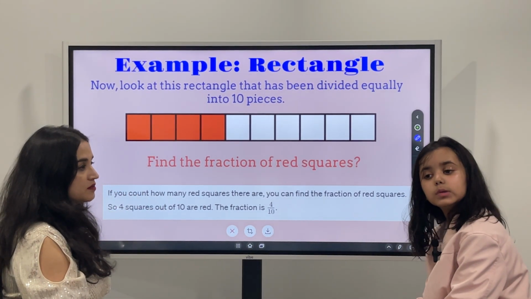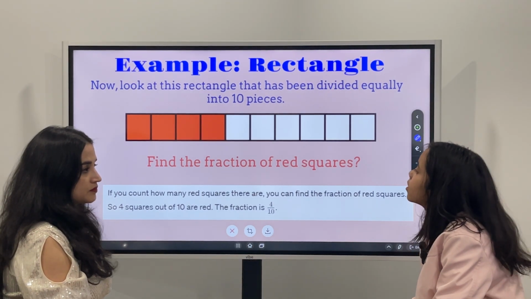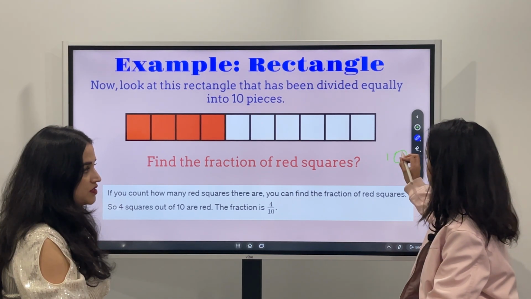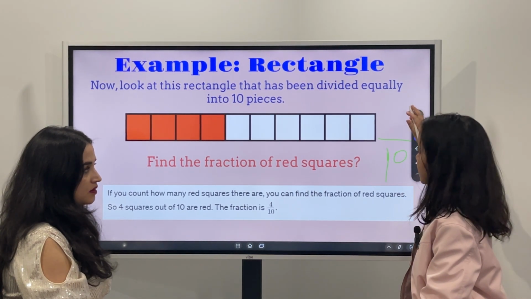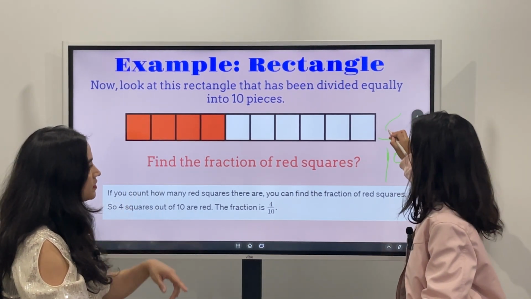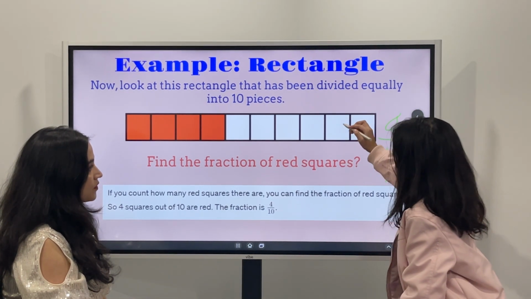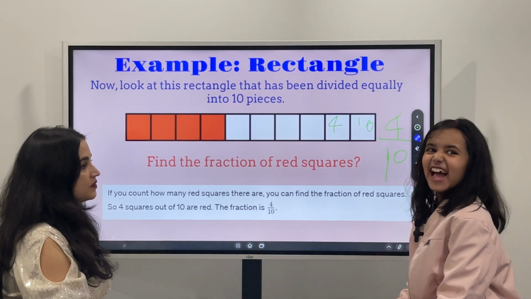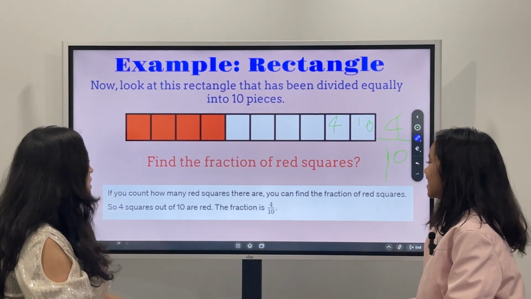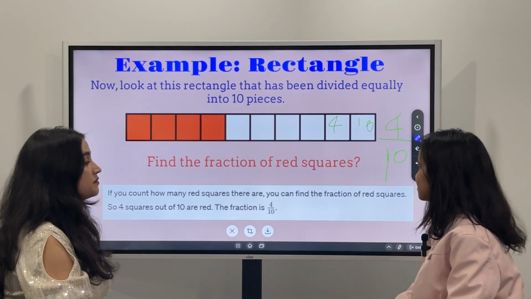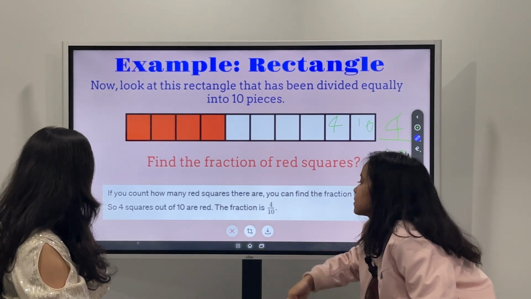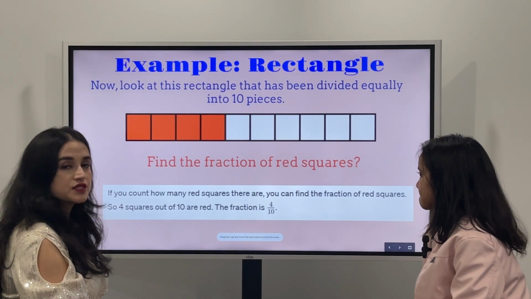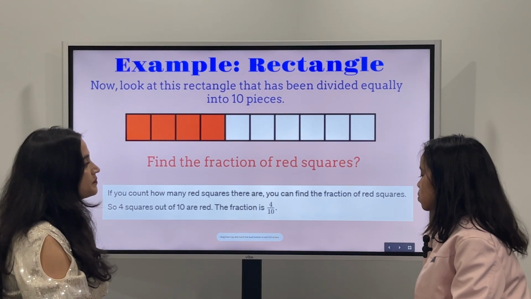What is the total? The total is 10. So the denominator is 10. And then the numerator is how many? 4. So 4 out of 10. If you count how many red squares there are, you can find the fraction of red squares. So 4 squares out of 10 are red, and the fraction is 4 out of 10. Good, next.